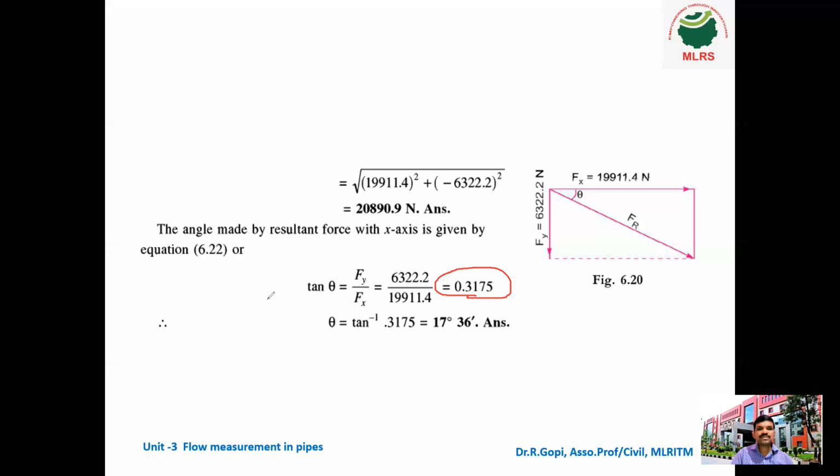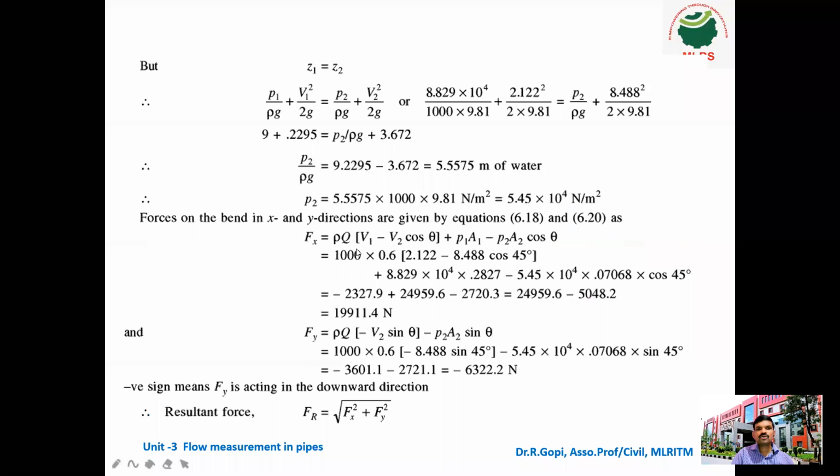Okay, so how to calculate theta? Tan theta is equal to this value, so theta is equal to tan inverse of 0.3175. It is 70 degree 36 minutes. Okay, so this is a simple problem. You only have to memorize the Fx formula, Fy formula, and Fr formula.